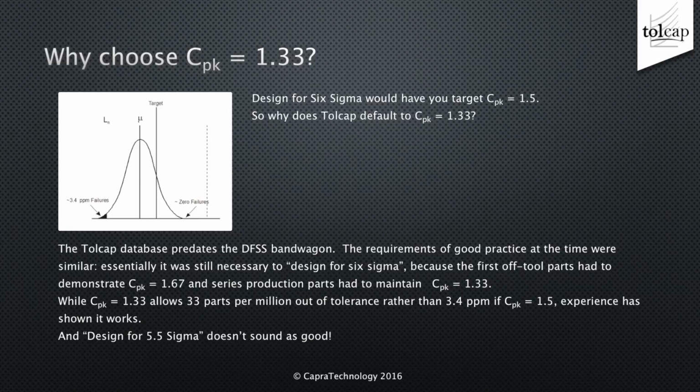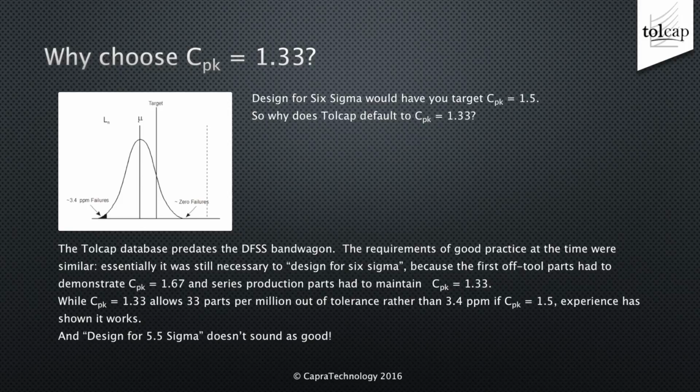Essentially, it was still necessary to design for Six Sigma because the first off-tool parts had to demonstrate CPK equals 1.67, which is 5 sigma, and a margin for error is needed. Series production parts had to maintain CPK equals 1.33, which is 4 sigma, all the time, and the Tolcap database was tuned to estimate ongoing CPK with that target in mind.